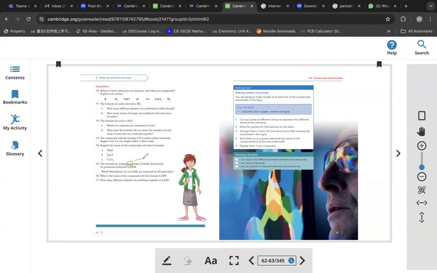Hydrogen is actually H, and then oxide is actually O. So they're asking which two elements you think are in hydroxides. So what I think they have is O and H. Oxygen and hydrogen. Oxygen and hydrogen, correct.